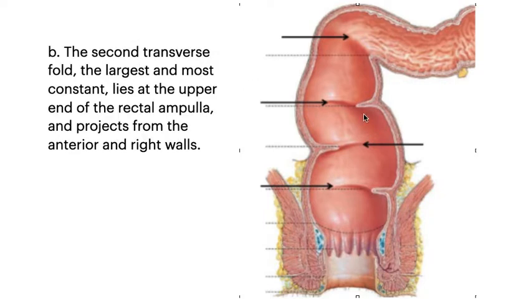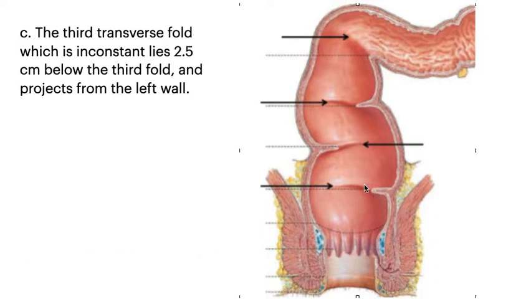The second transverse fold is the largest and most constant, lies at the upper end of the rectal ampulla and projects from the anterior and the right wall. The third transverse fold, which is inconsistent, lies 2.5 centimeter below the second fold and projects from the left wall.